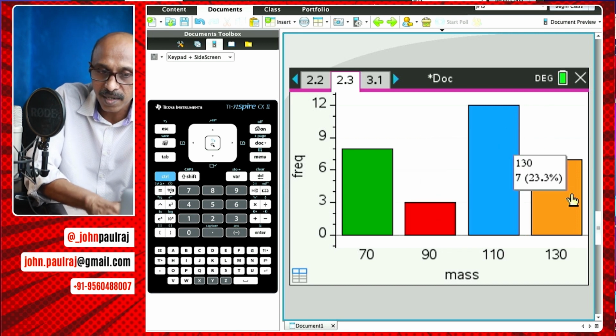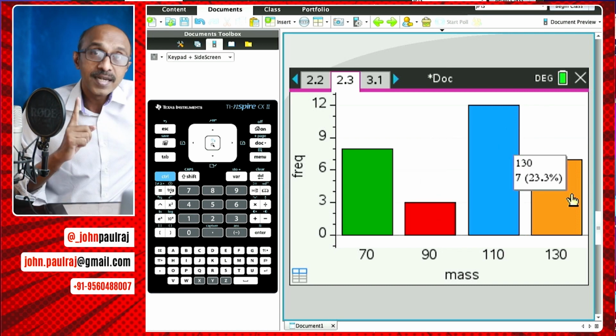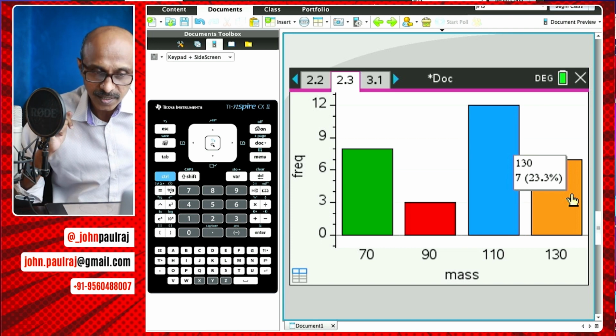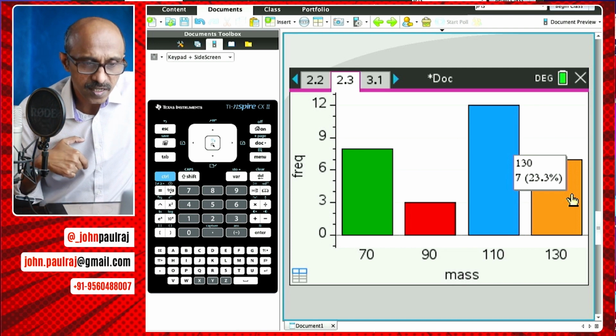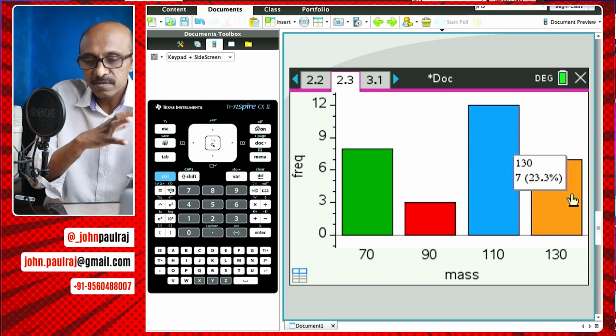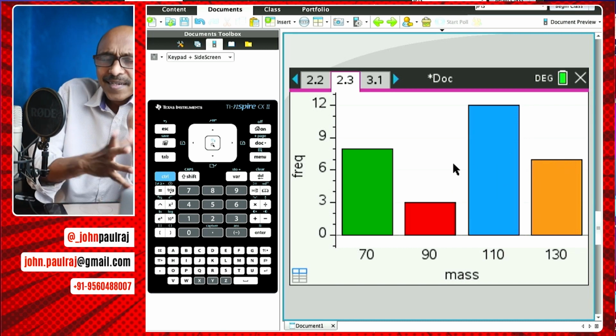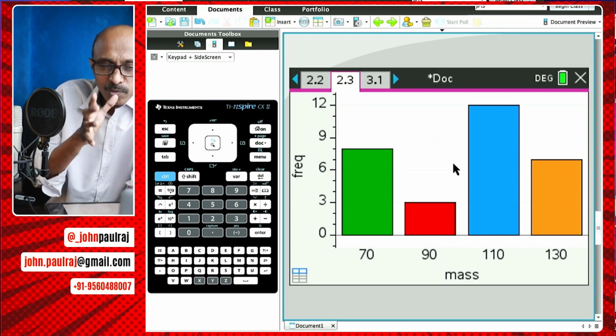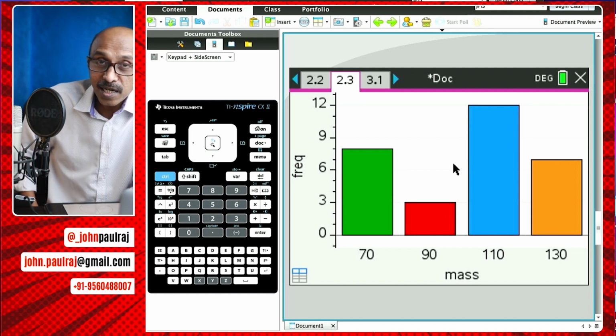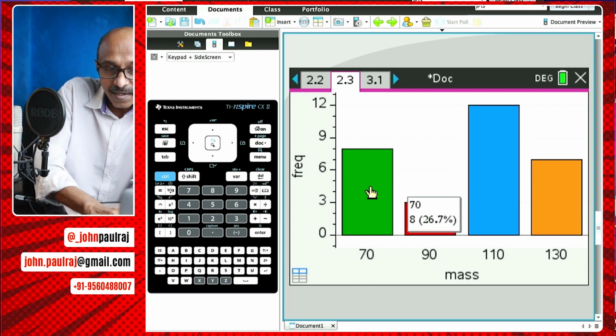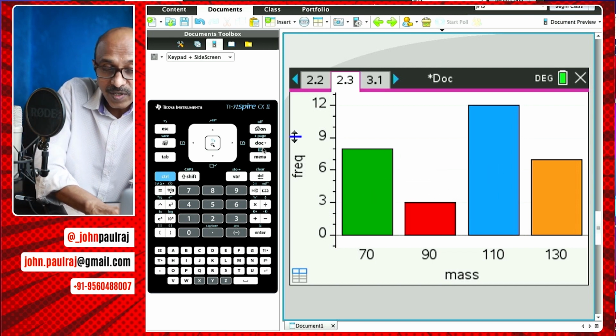For one, it's colorful, and a bar chart again is reserved for categorical data, and the bars are not connected. Yes, it is traditionally reserved for that, but people still use it, who's to stop anyone? But historically, or when you go into higher order statistics, you'll learn that pie charts and bar charts are only for categorical data. And now we want a pie chart, right? So we can just go and change that.